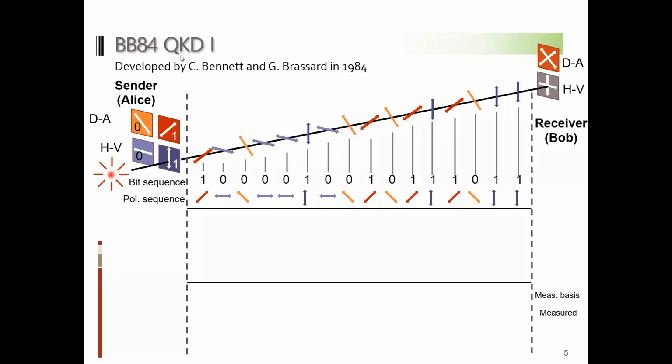The first quantum key distribution protocol is called BB84, and the name came from the two inventors, Bennett and Brassard, who developed this protocol in 1984. That's how this name was obtained. In this protocol, Alice wants to send out the secret key, let's say 1101111 and so forth.